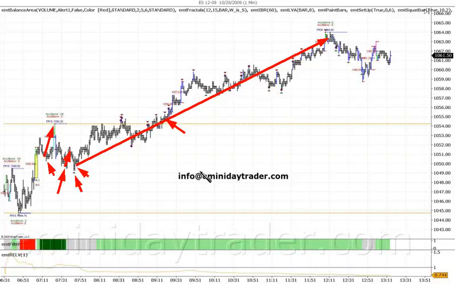It did hit our entry price, we were not filled on it, and then the market had a really nice rally from that point, as you can see. So technically speaking, we're not considering it a profitable trade, although many of our traders would have jumped on that today, realizing that the bullish structure that had been developing up until this point certainly favored that trade. So that's what we did at eMiniDayTrader today.